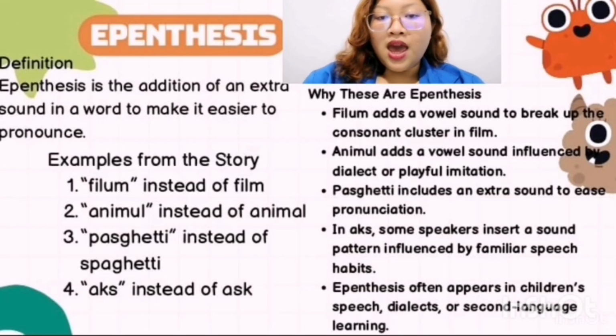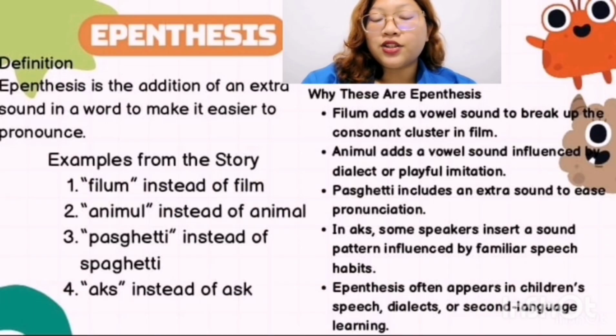Epenthesis. Epenthesis is the addition of an extra sound in a word to make it easier to pronounce. Examples from the story: villain, animal, spaghetti, and ox with an added sound. Why are these epenthesis?